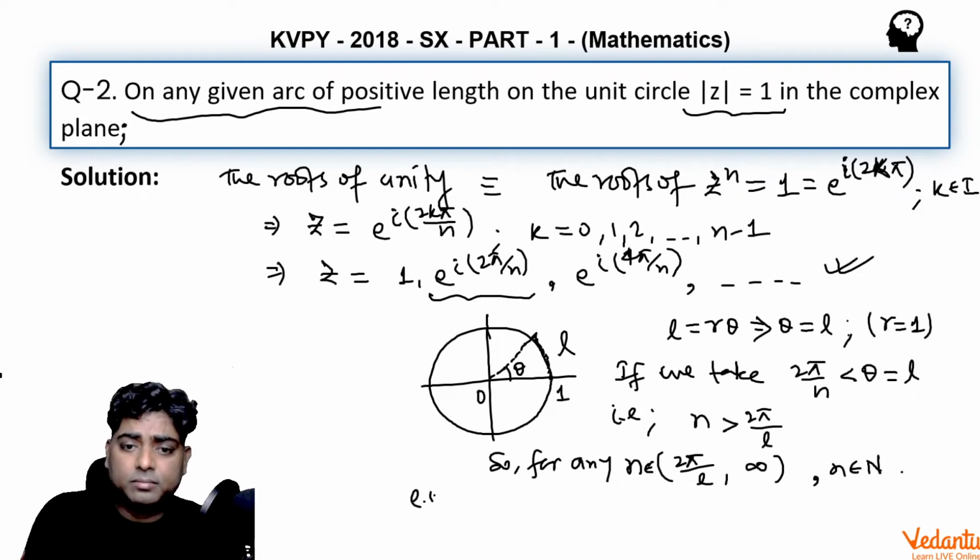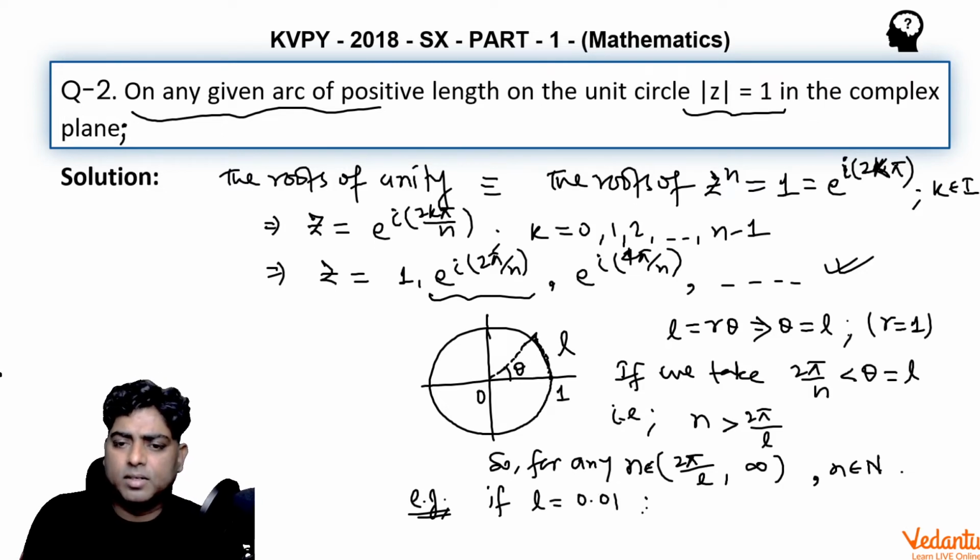For example, suppose L is very small, say 0.01, or any L you can take, 0.001, 0.00001.